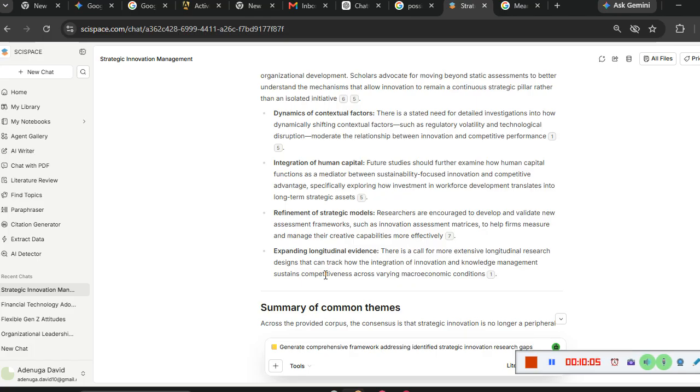Now, if we are to bring it into the context of AI, we will say that AI can be a fuel for strategic innovation in an organization, and it can help them to increase their productivity. But there is need to evaluate if the AI is actually bringing an increase in productivity or not, and they will have to weigh that against the cost, because AI will also increase their cost.